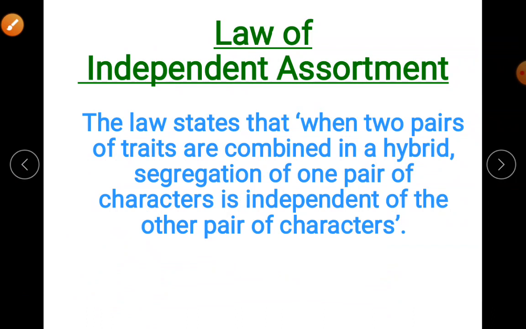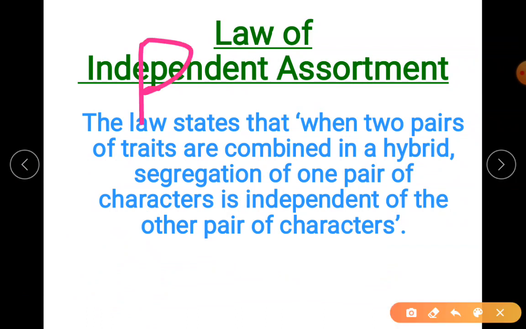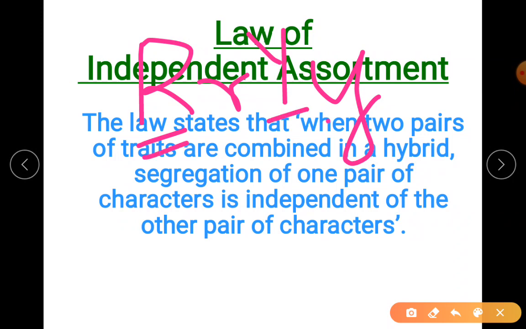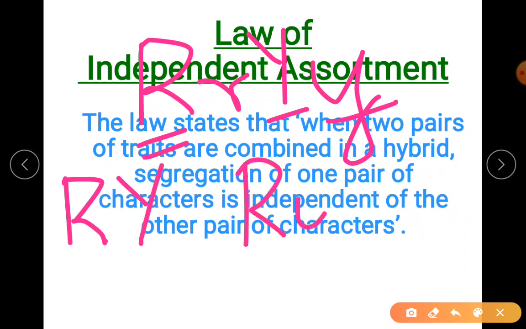So if it is your hybrid, you know the 4 types. There could be chances of capital, small. That is how we say R with capital Y, R with small y.